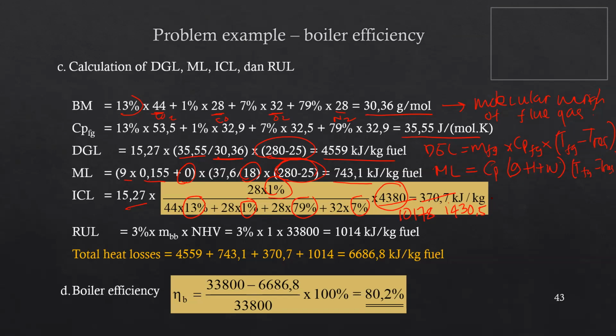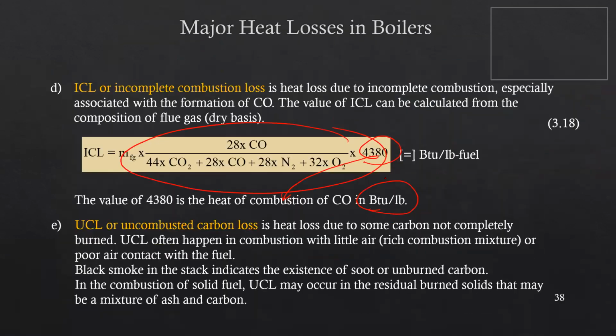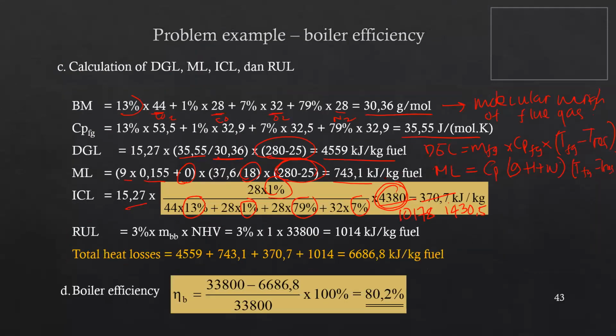Again, be careful in evaluating the losses, especially the units. If the units are BTU per pound, then you use this value as the heat of combustion of carbon monoxide, while if the units are kilojoule per kilogram, then we have to use 10,178 kilojoule per kilogram.